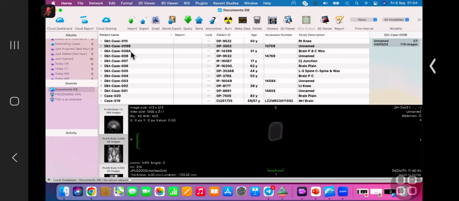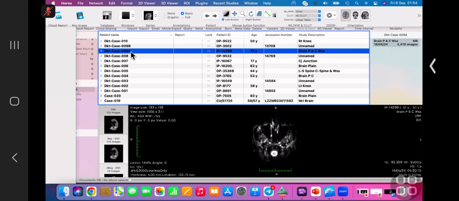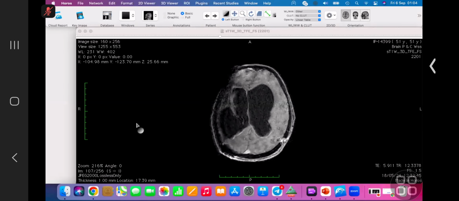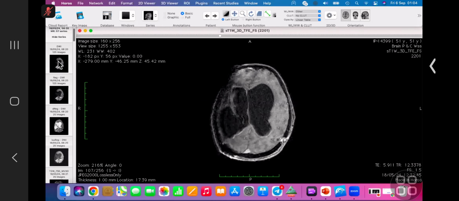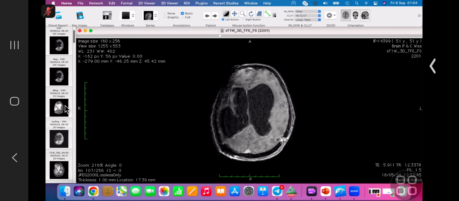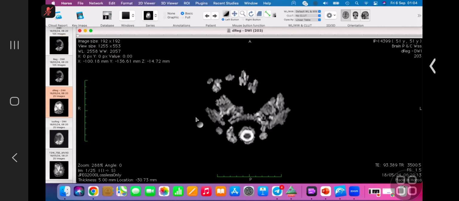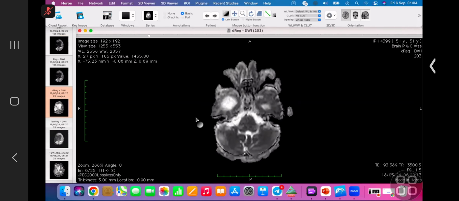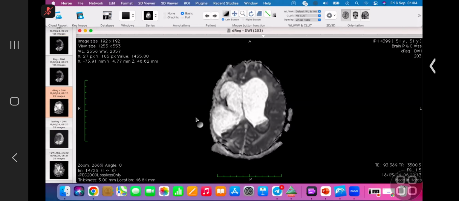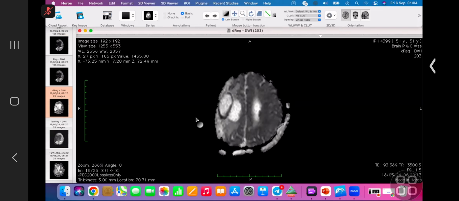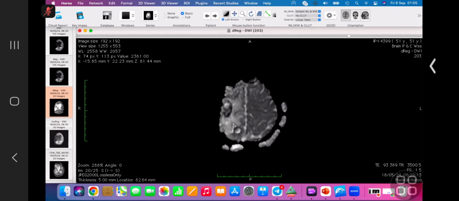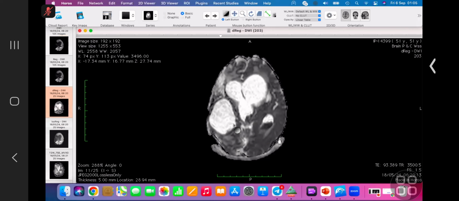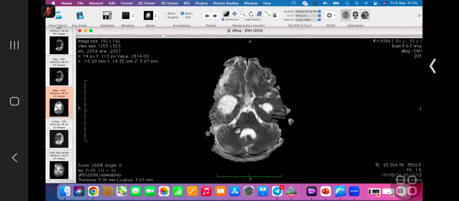Let me get back to that case MRI. Yes, you did pick up all the findings very well. I'll start from the ADC. You can actually see nice ependymal diffusion restriction. Can you see this layering there? These are nothing but active infection.